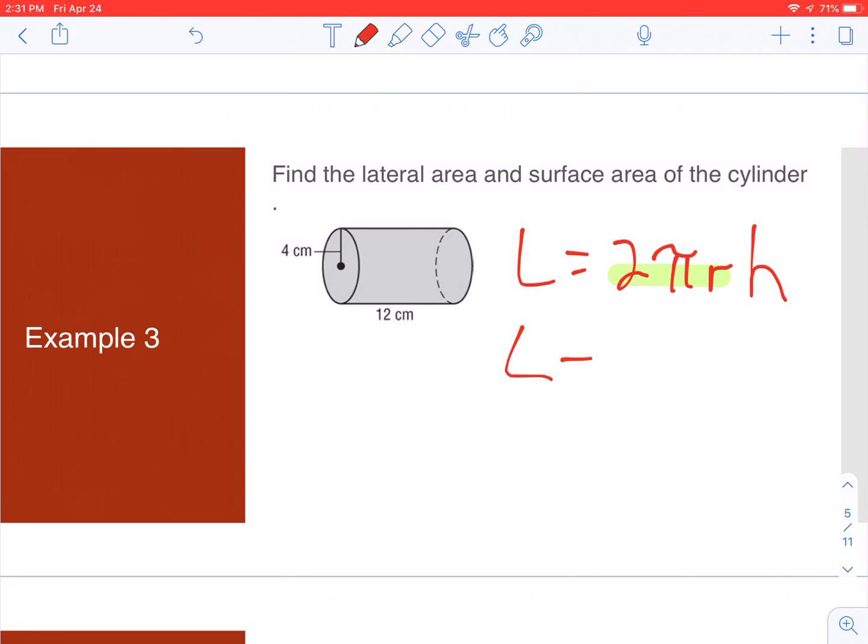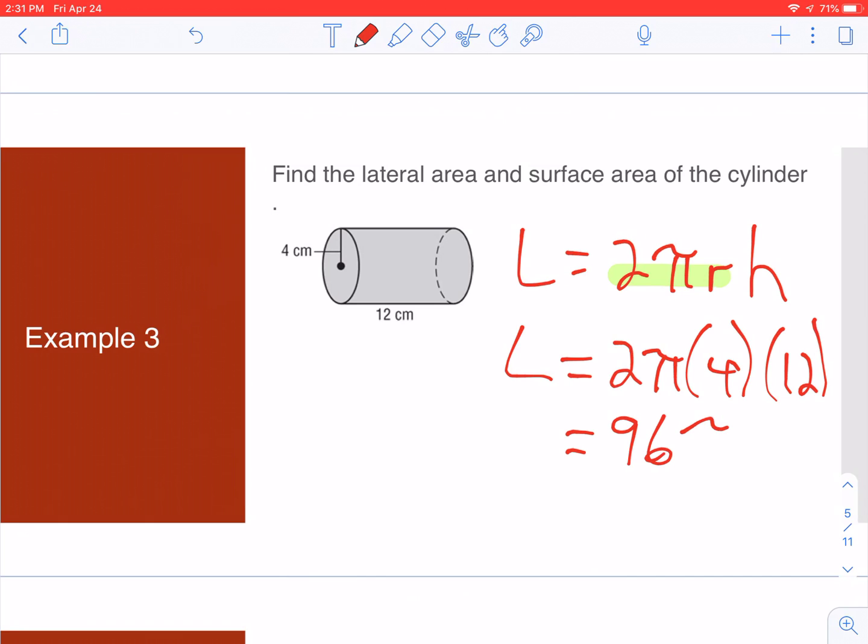So the lateral area is 2 pi times 4 times 12. If I multiply all those numbers, I get 96 pi, which equals 301.59.